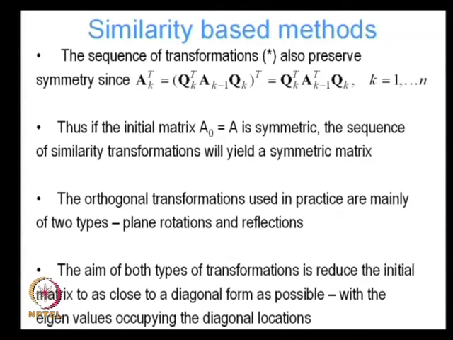The orthogonal transformations used in practice are mainly of two types: plane rotations and reflections. There is a very well known method which we are going to talk about later, known as Jacobi's method, which basically just uses plane rotations. There are other transformation techniques which use reflections.